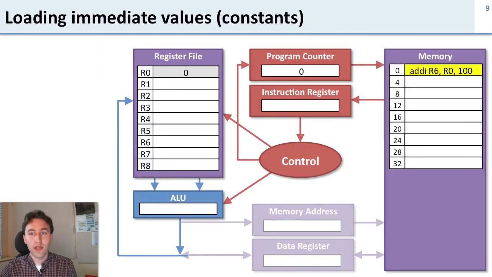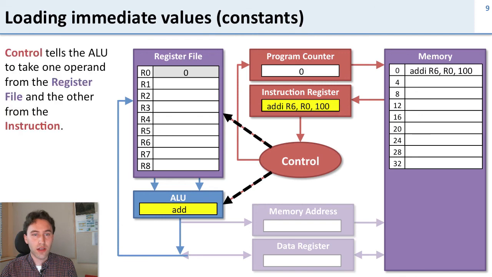So how do we load these values? Here we are looking at our processor model, and we've got an instruction, which is add immediate. How does this work? Just as before, we load the instruction into the instruction register. The control tells the ALU to do an add, and it tells the register file to take some of the data from the register file. But it also tells the ALU to take some of the data from the instruction register itself.